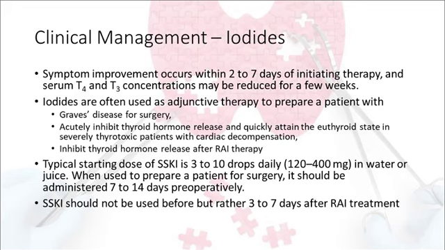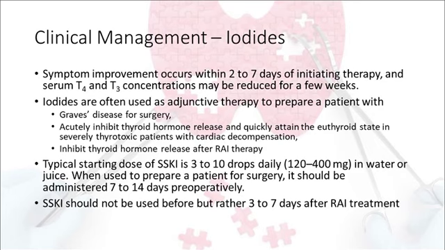Now, iodides are often used as adjunctive therapy to prepare patients with Graves' disease who are undergoing surgery, or alternatively for acutely inhibiting thyroid hormone release and quickly attaining a euthyroid state in severely thyrotoxic patients with cardiac decompensation. And lastly, they can be used to inhibit thyroid hormone release after radioactive iodine therapy.